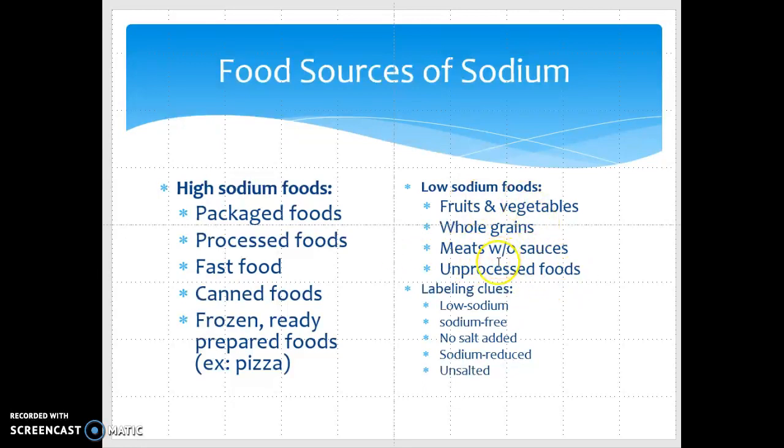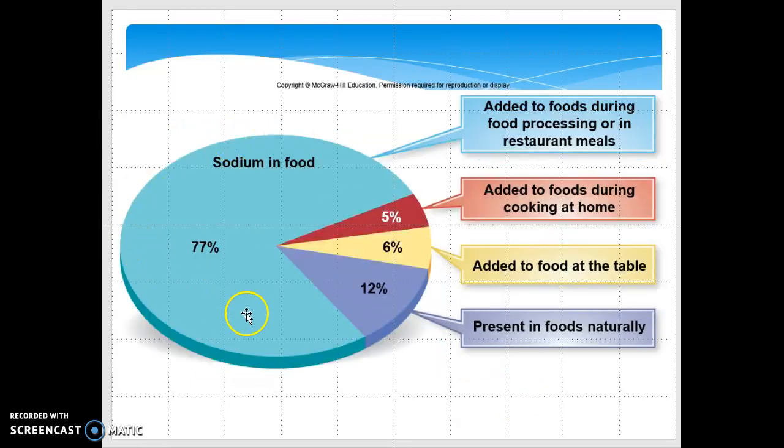So do your own cooking where you can determine how much sodium, and then watch the clues on the labels. Most of our sodium is from processed foods, so if we cut out processed foods, we cut down our sodium content.